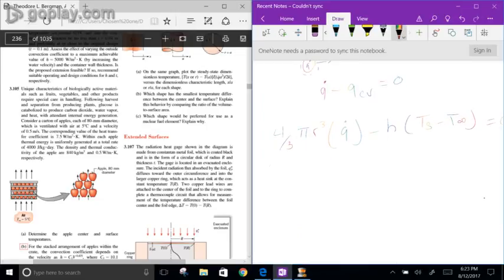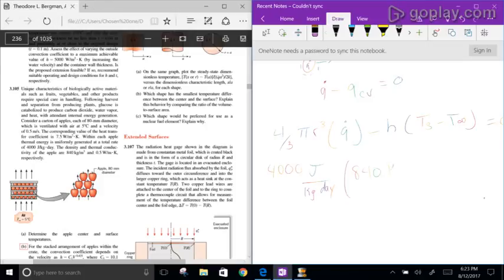Let's write that out: 4,000 joules per kilogram per day. They gave us a density, which we can use to get meters cubed on the bottom, plus it gets rid of the kilograms.